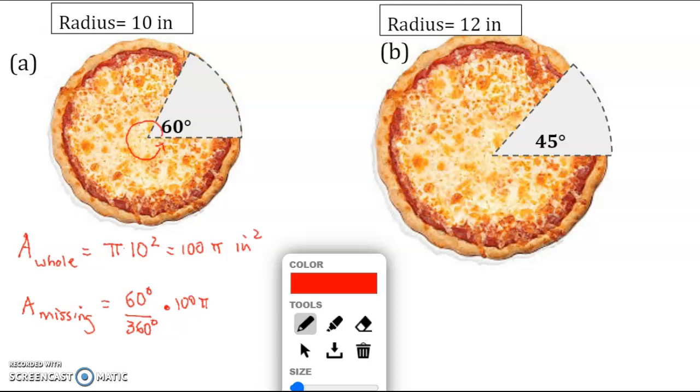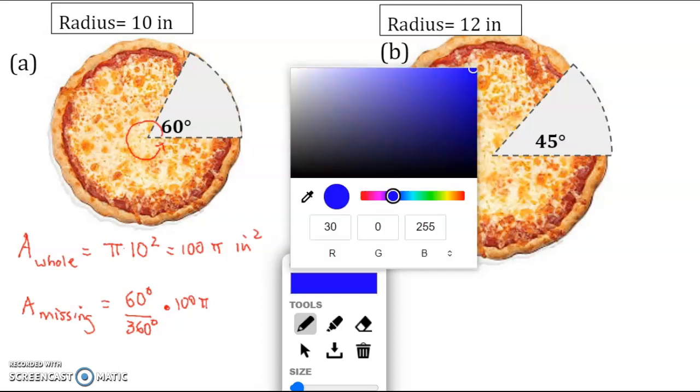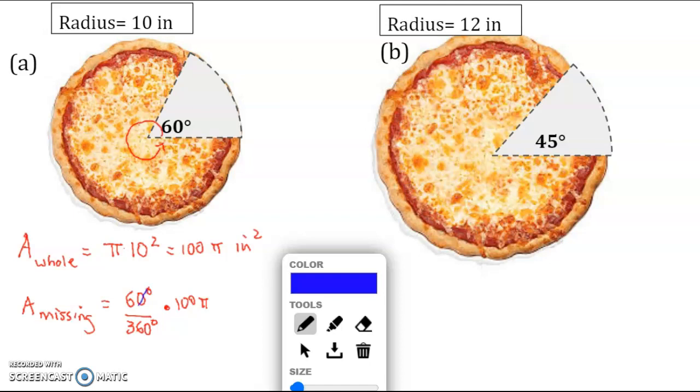If I simplify this, I can divide top and bottom by 10. Looking at the 6 and 36, I can divide both top and bottom by 6, and that leaves me with 1/6. So 1/6 multiplied by 100.